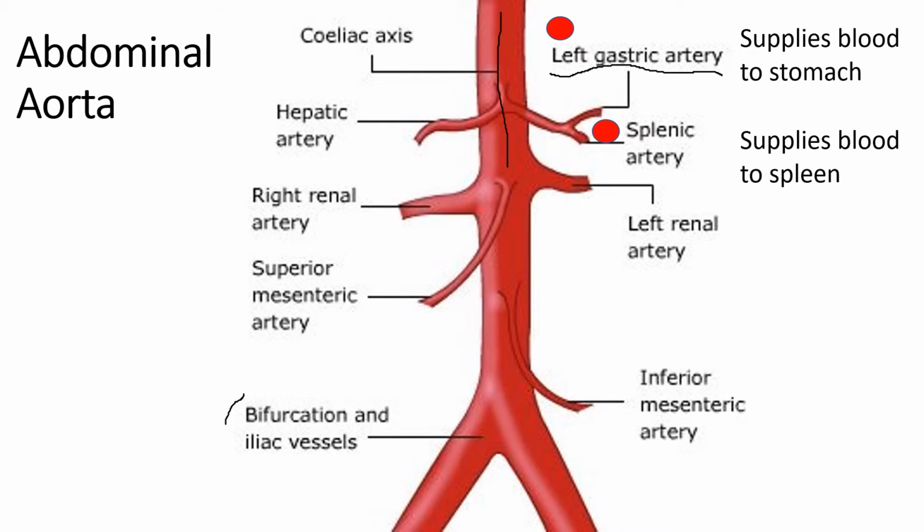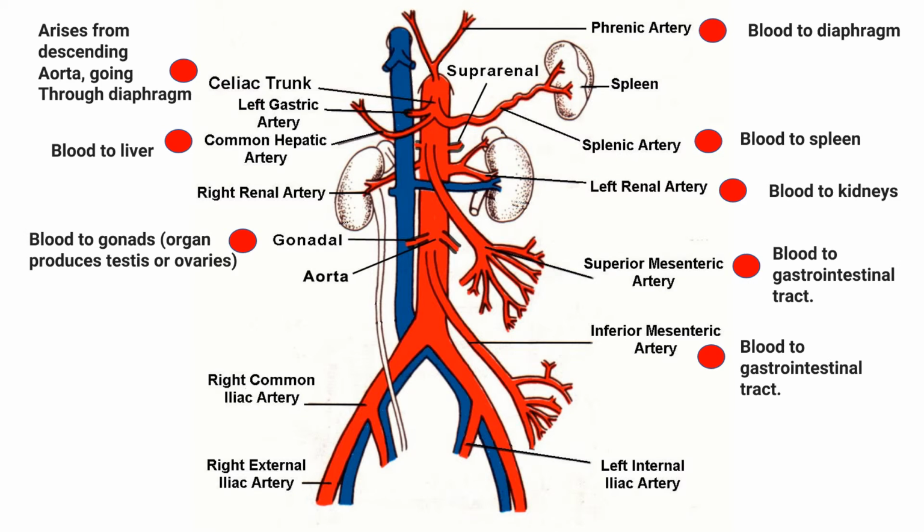Oh, here we go. Bifurcation of the iliac vessels. Talk about that, splitting into two. A lot of things to be said here, so let's go through it. The iliac trunk arises from the descending aorta, which goes through the diaphragm. So that's, yet again, the aorta. The aortic arch is superior, further above, and then it goes down towards the bottom part of the body.